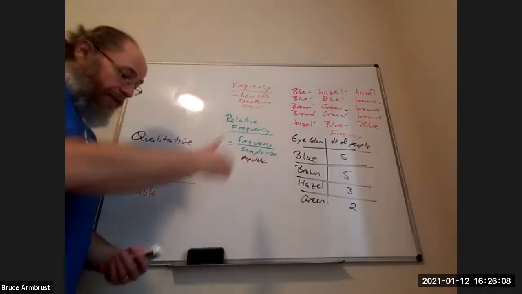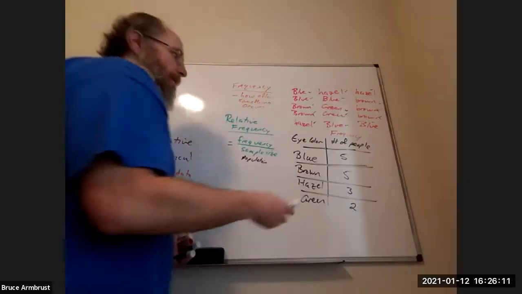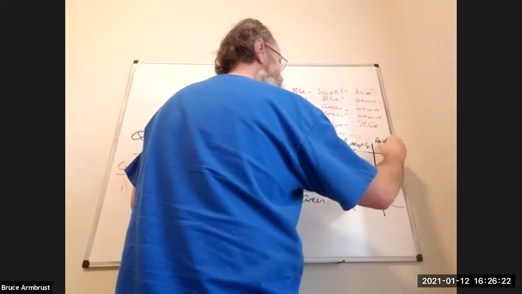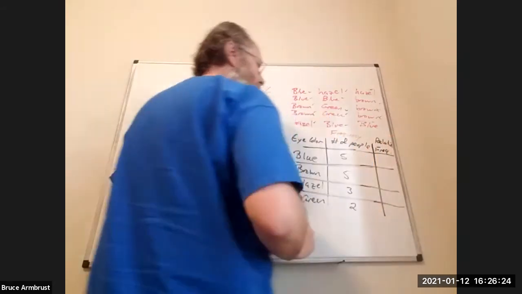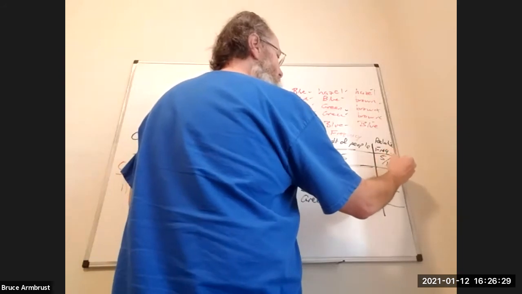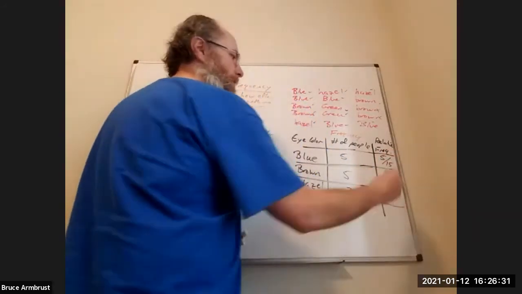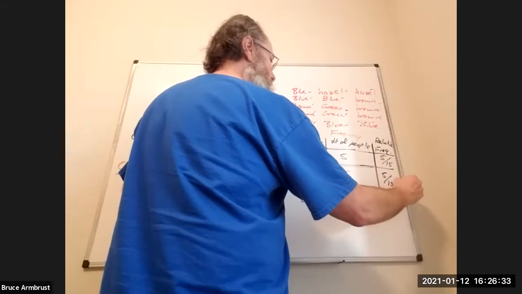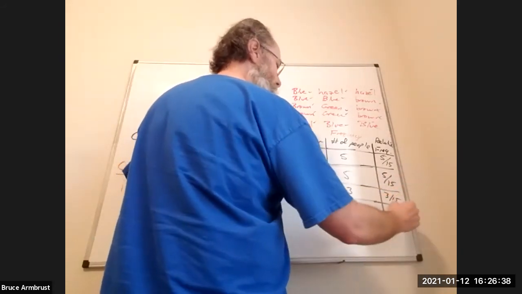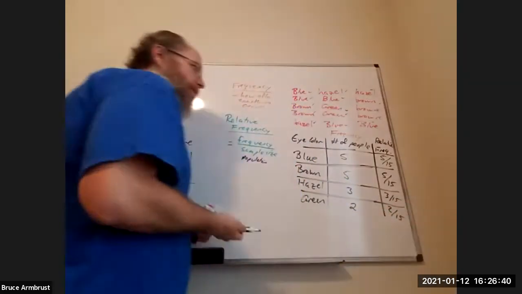So in this case, if we are going to look at relative frequency, I'm going to make one more column on my chart. Okay, so this is going to be relative frequency. So for the blue, it would be 5 out of 15. For the brown, also 5 out of 15. For the hazel, 3 out of 15. And for the green, 2 out of 15.